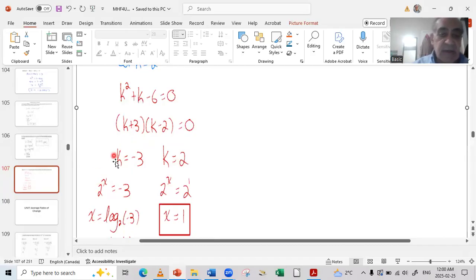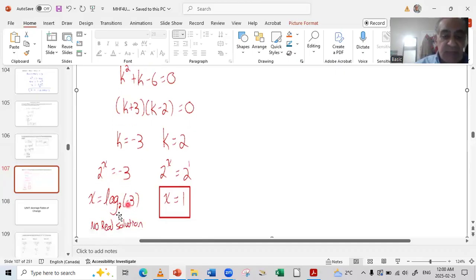So if k equals minus 3, that means 2 power x equals minus 3. If I take the logarithm for both sides, x will equal log 2 of minus 3, which is not a solution, because there is no minus 3 in the log.